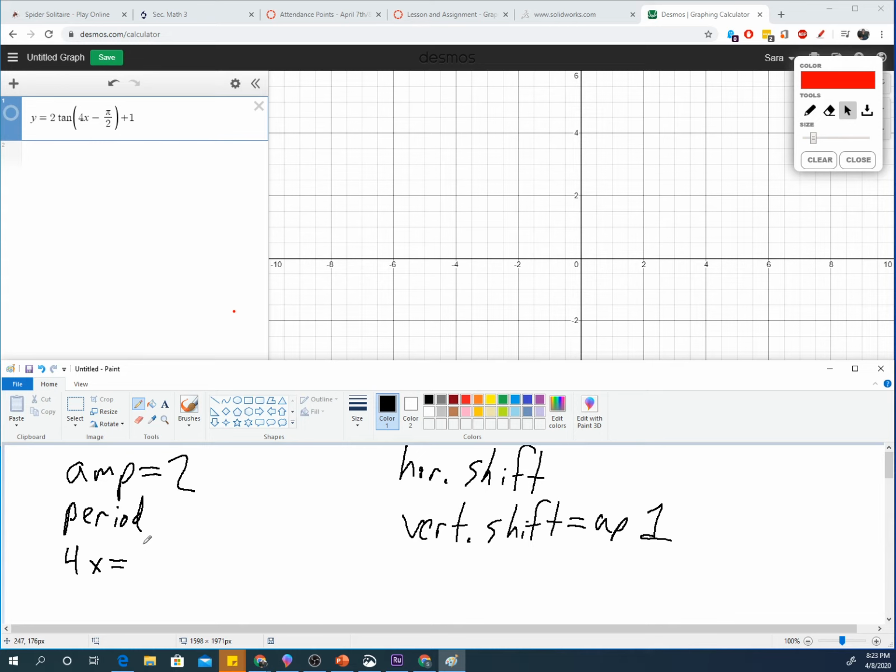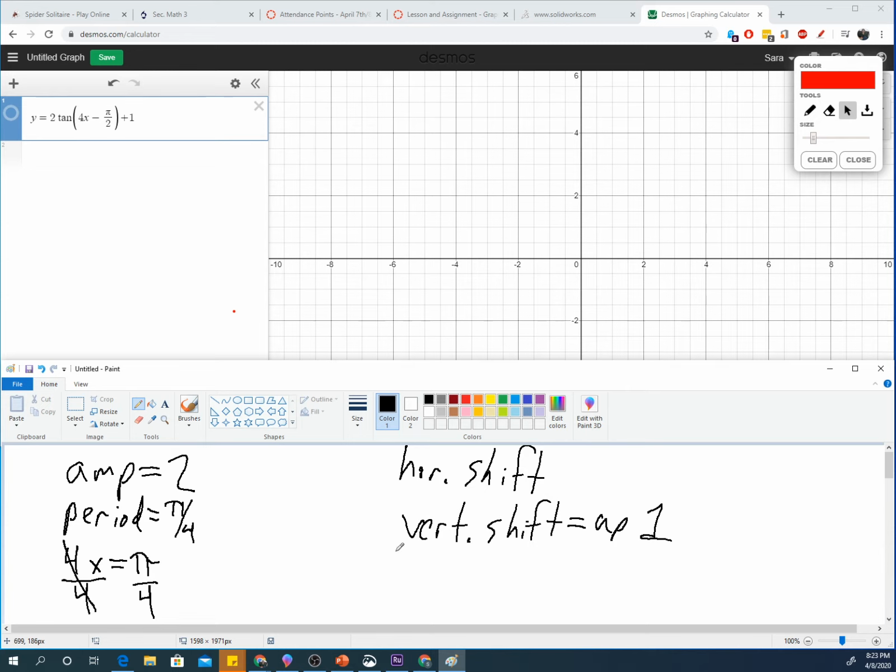And remember, tangent functions have a normal period of pi. We learned that back a couple class periods ago. So if you take that bx equals your normal period and solve for x, we get here that we are going to have a period of pi over 4.